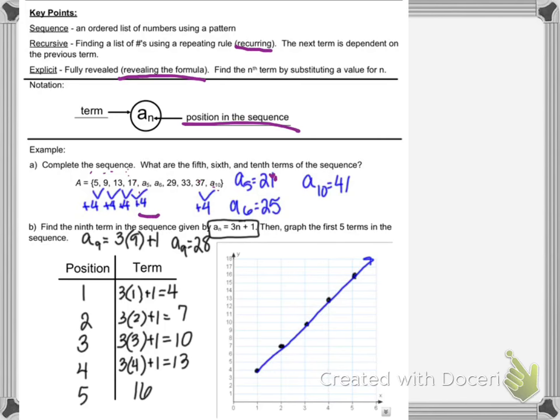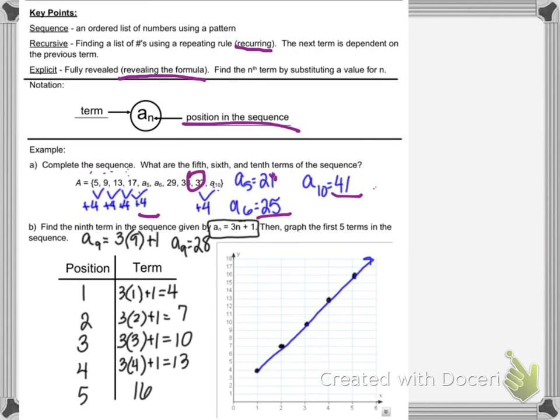If I add 4 to 21, I get 25, and if I add 4 to 37, I get 41 for the 10th. So that's just a pattern of sequences. And that's an arithmetic sequence right here, because you can see that it's adding as you're going up, just like a linear equation would.